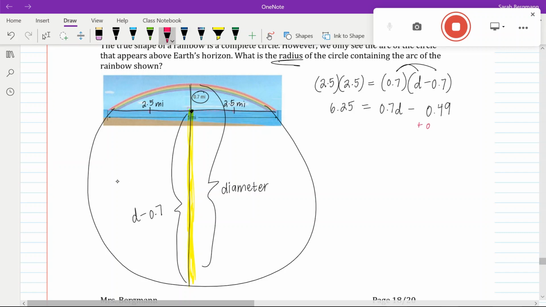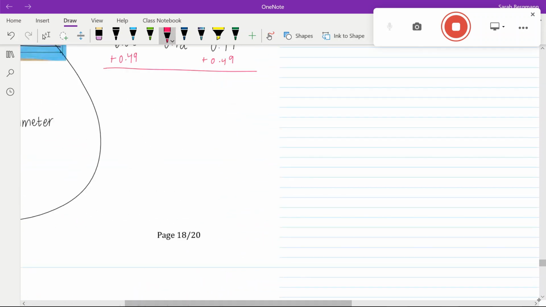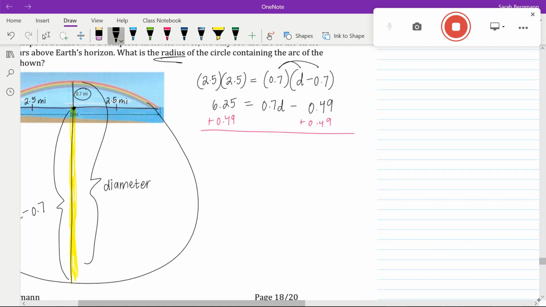What we'll do is add 0.49 on both sides to try to get d by itself. So on the left side, 6.25 plus 0.49 gives you 6.74. We're almost there to get d by itself, but we still have 0.7 times d. To get it alone, we have to divide by 0.7, and we have to do that on both sides.